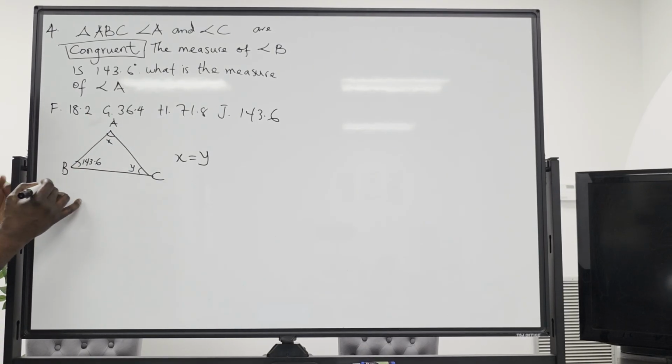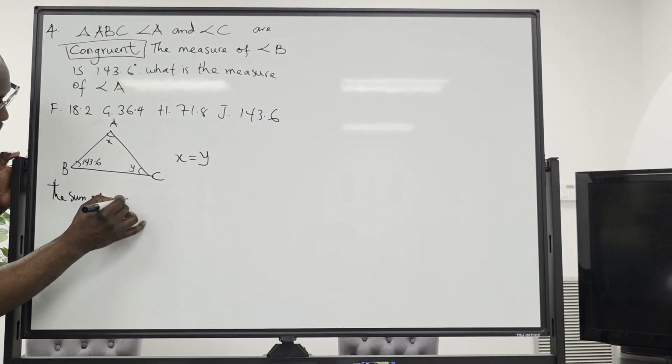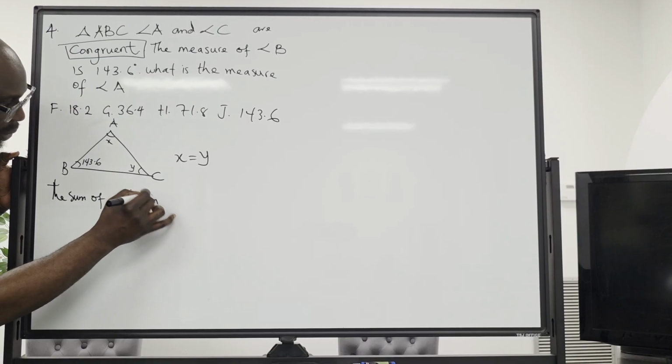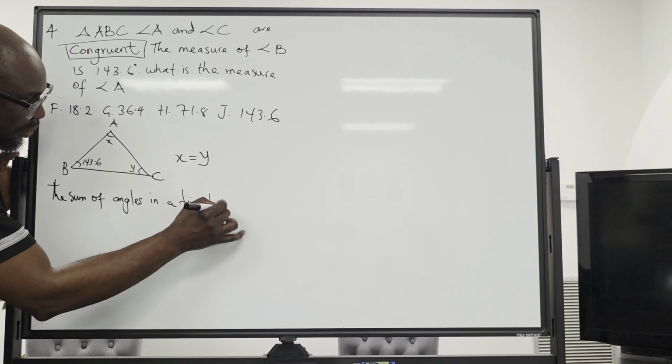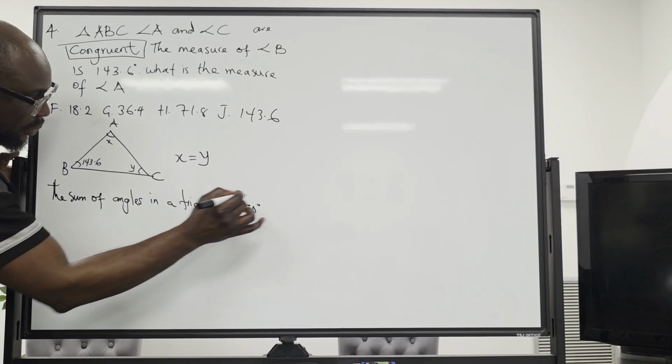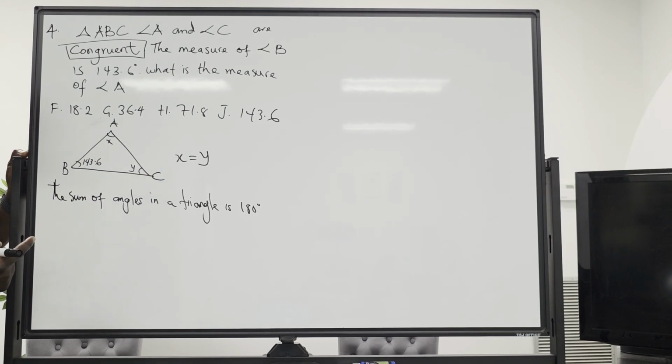We know that the sum of angles in a triangle is 180 degrees, right? So, which means that if you sum everything here, you should have 180 degrees.